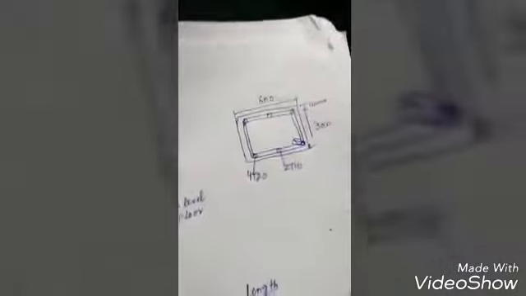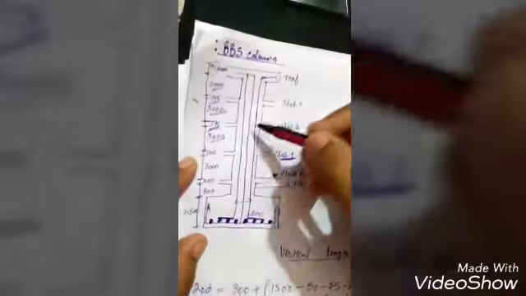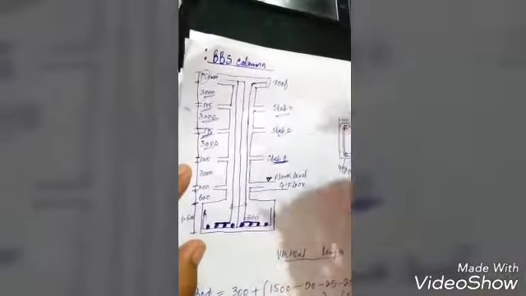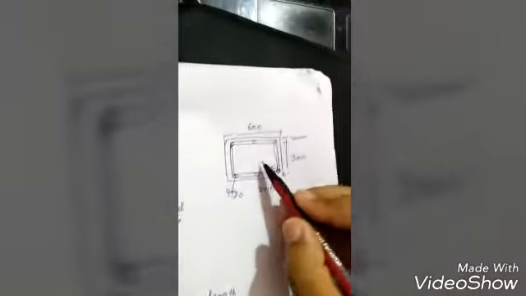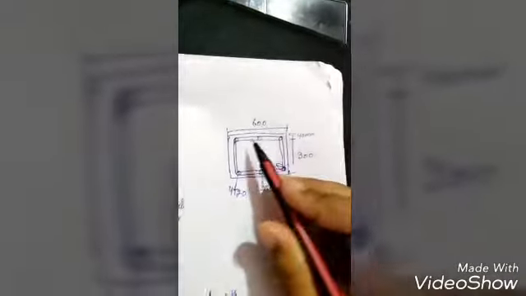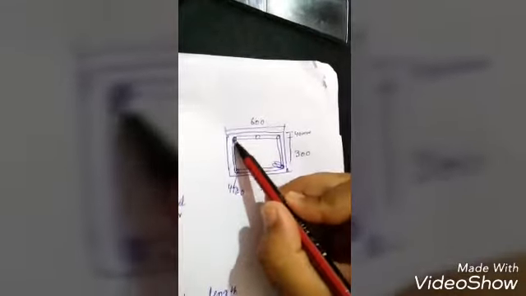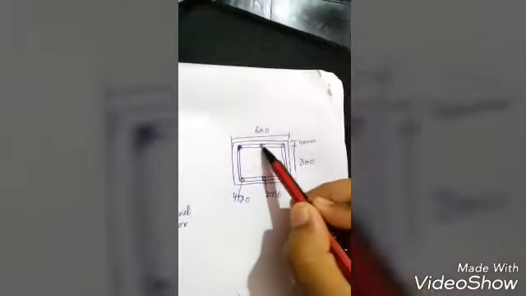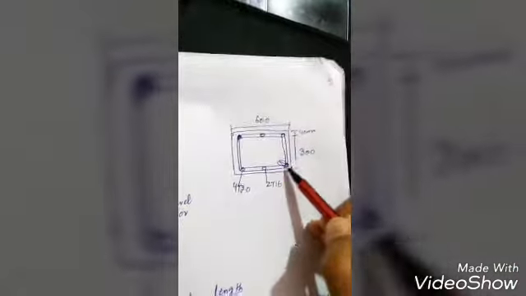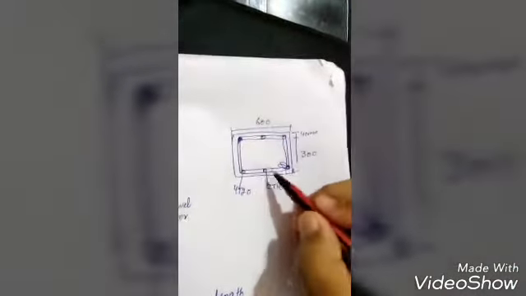Here you see the second thing, this is my stirrup. If I see this drawing, this column from upside, it will look like this. This is the sectional view. Here I have the first vertical bar, second, third, fourth, fifth and sixth vertical bar.